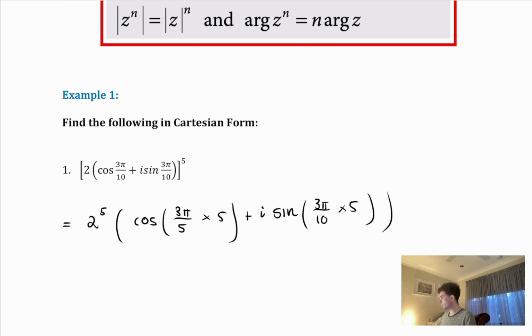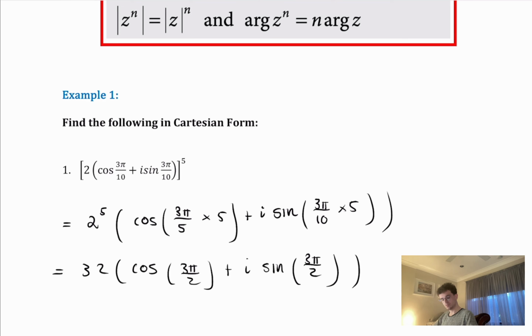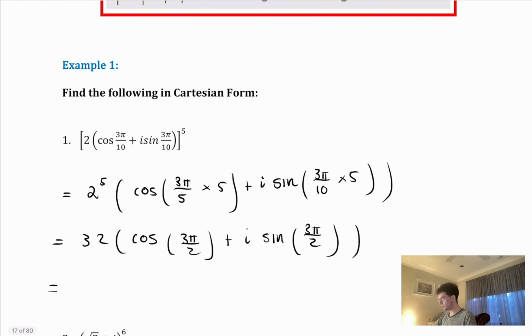So 2 to the power of 5 is 32 cos of 3 pi on 2 plus i sine 3 pi on 2. Now, cos of 3 pi on 2 is negative 1, and sine of 3 pi on 2 is 0, so we get negative 32.